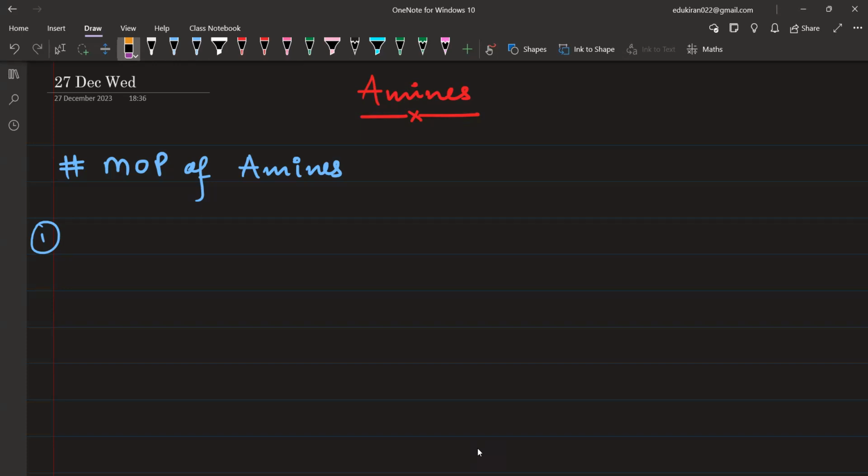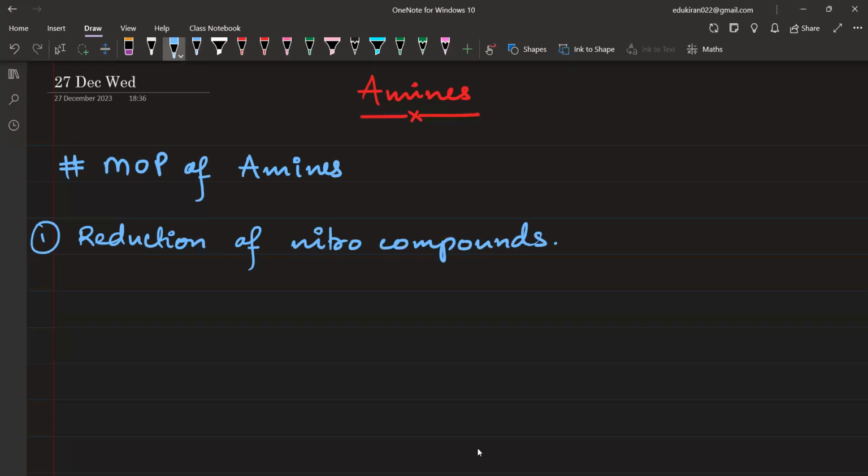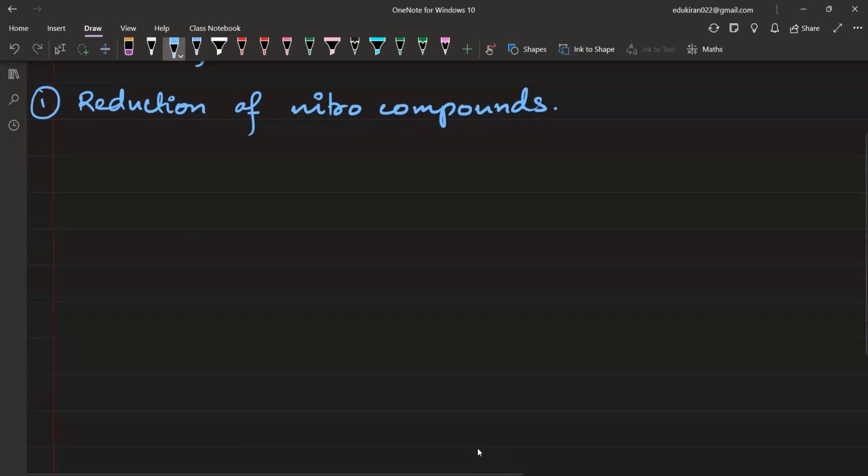Okay, come on. Well, let us start with amines. Method of preparation of amines, and first you will write reduction of nitro compounds. Now, in reduction of nitro compounds, we use nitroalkane RNO2.